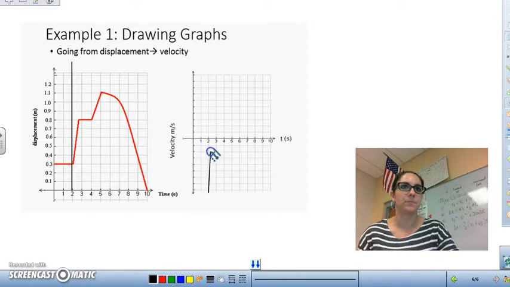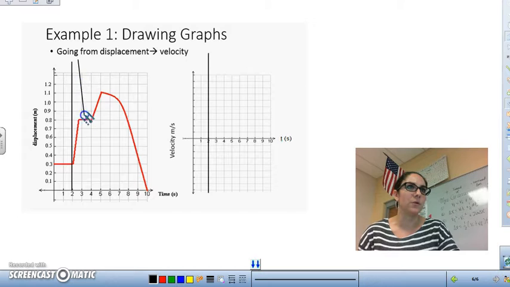This will be the first section. Notice that we have another motion going on right here at like 2.5 seconds, so same thing. 2.5 and 3, this is a very small area right there. Then we have it at 4 seconds.